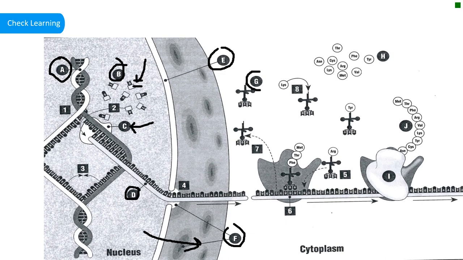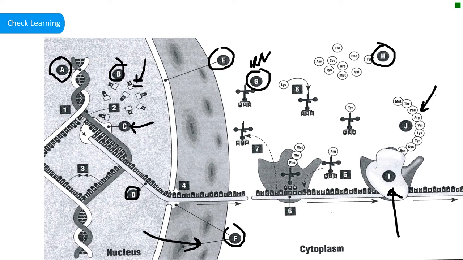G would be the chefs in our process, so they would be our molecules of tRNA. H are the free amino acids that are floating around the cytoplasm, so they're our ingredients to make our protein, they're the building blocks of protein. I, easy one, would be the ribosome, and J would be the actual protein being made.